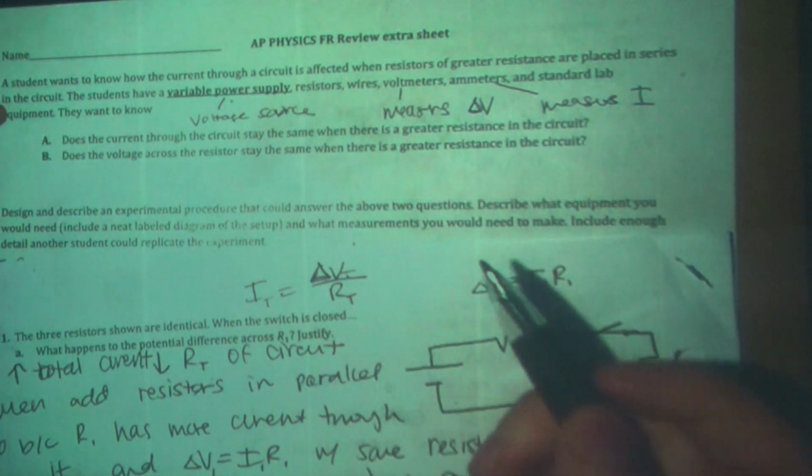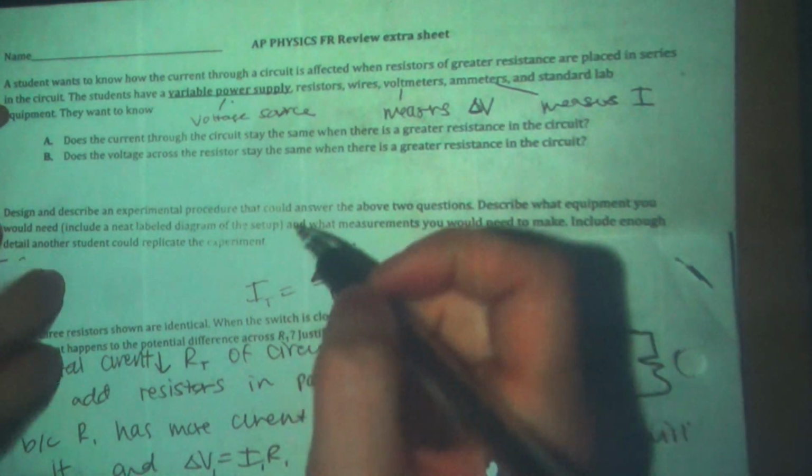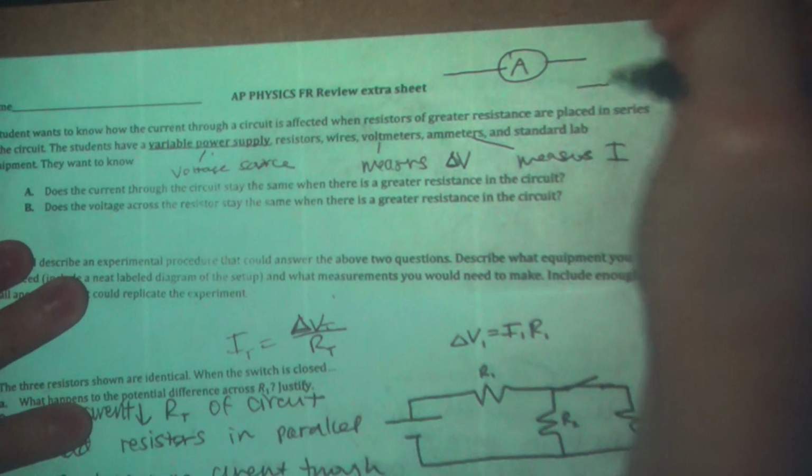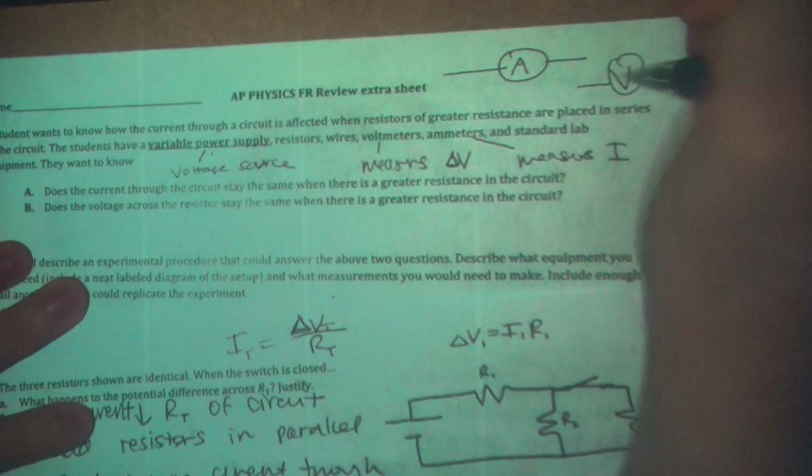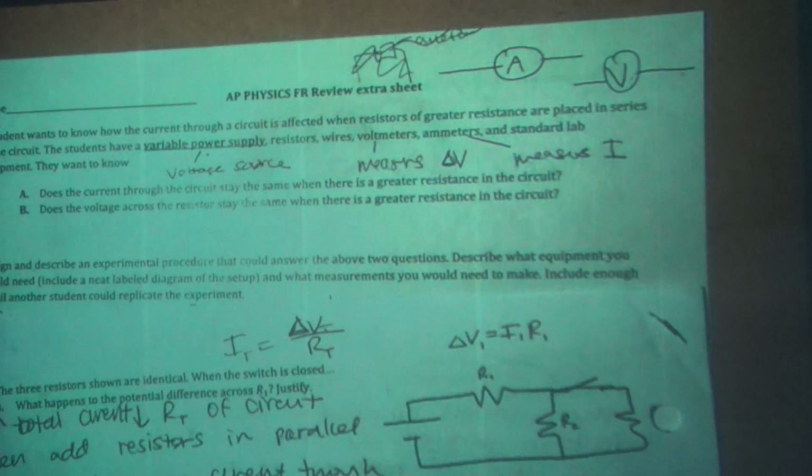We talked about this on the first day of electricity, when we were doing the lab, I told you the ammeter, this is the symbol for ammeter, and this is the symbol for voltmeter. Pretty straightforward. If you had forgotten, you could write ammeter or something like that, just so that they know this is supposed to be an ammeter or voltmeter, etc. These are our standard physics symbols for ammeter and voltmeter.